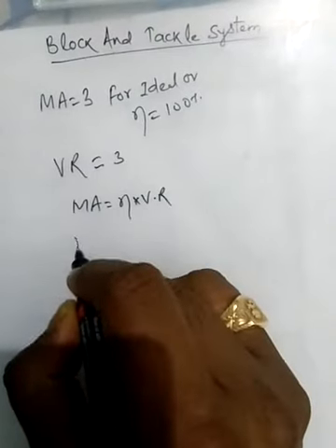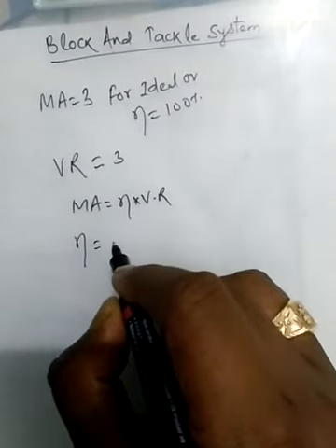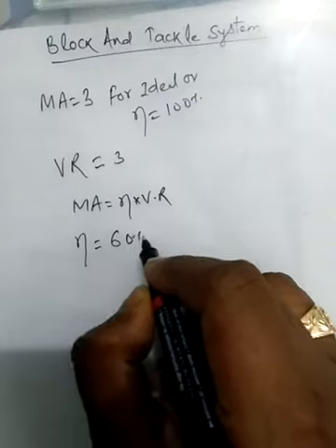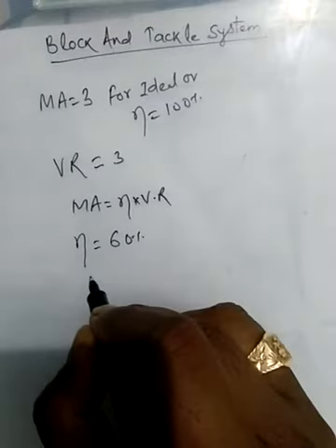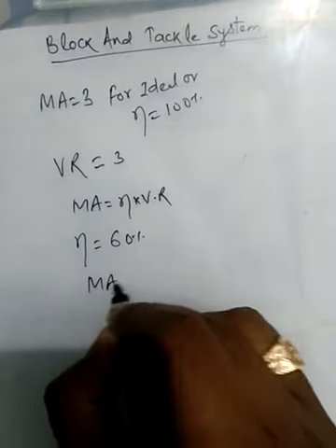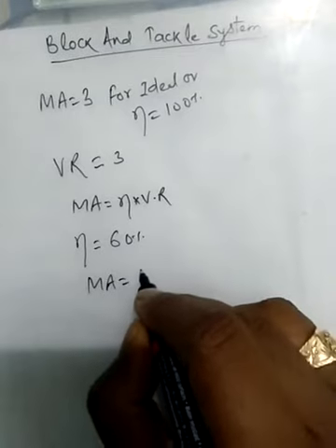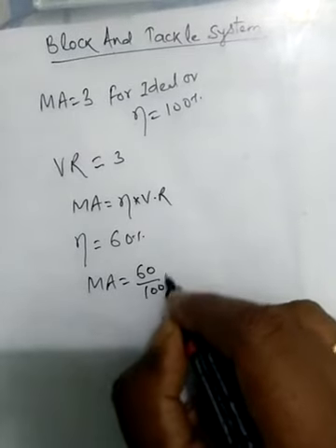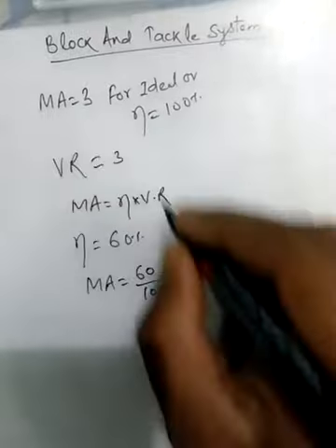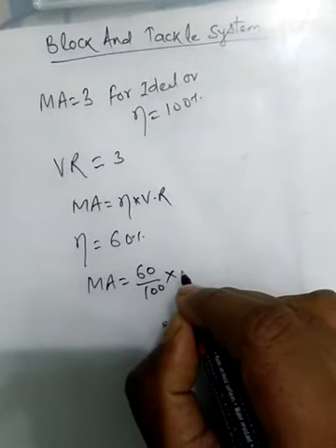If the efficiency of this system is 60%, then we have to calculate the mechanical advantage of the system, which will be equal to efficiency into velocity ratio. Velocity ratio is constant, which is 3.